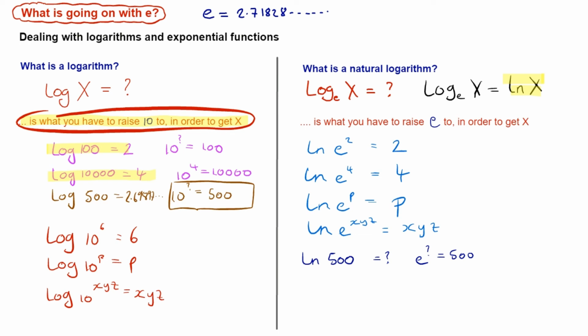You'll see that the natural log of 500 is 6.21460, if I've read my notes correctly. And that means that if I did shift of that key and did e to the 6.21460, it would spit back 500.